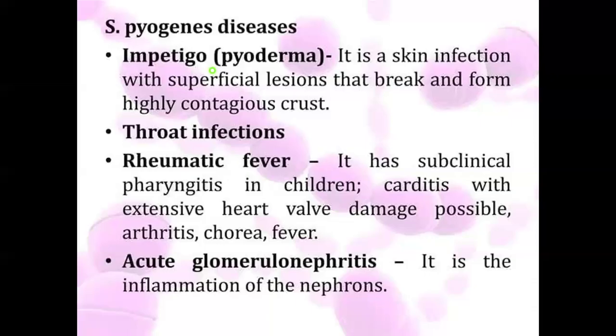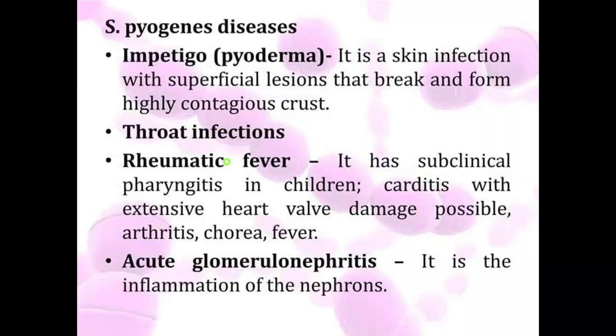Then for the strep throat, the M protein produced when you got the throat infection is similar to the structure in the heart valves. That is why you have extensive heart valve damage. That is what we call rheumatic fever. This is something you'll expound more in immunology.